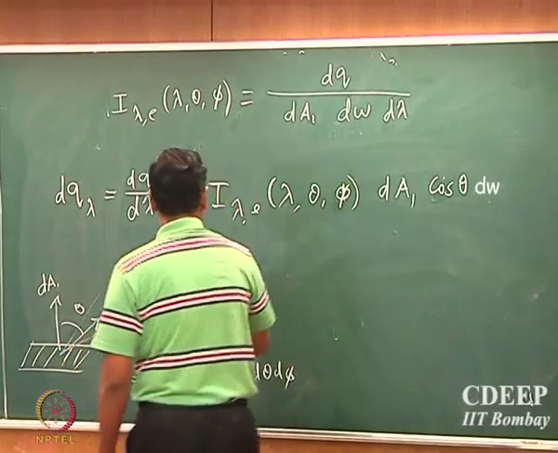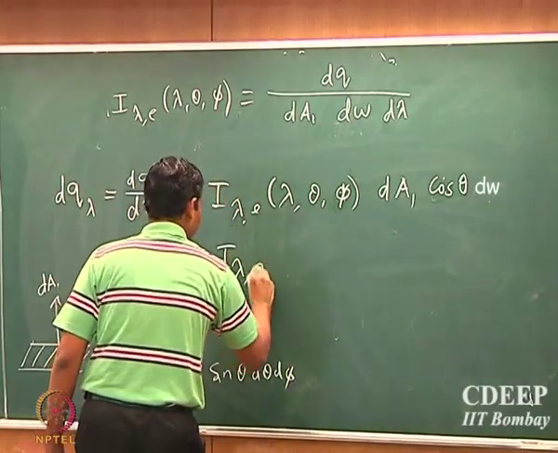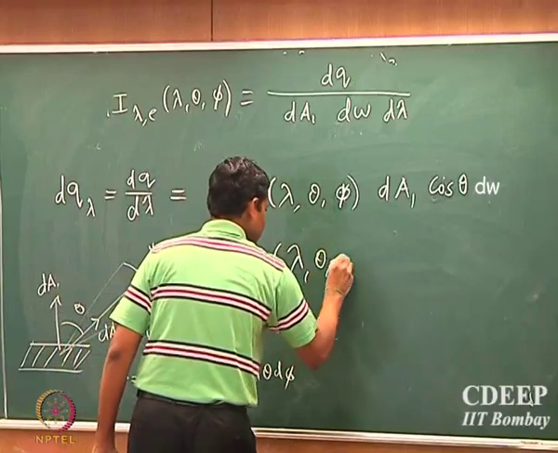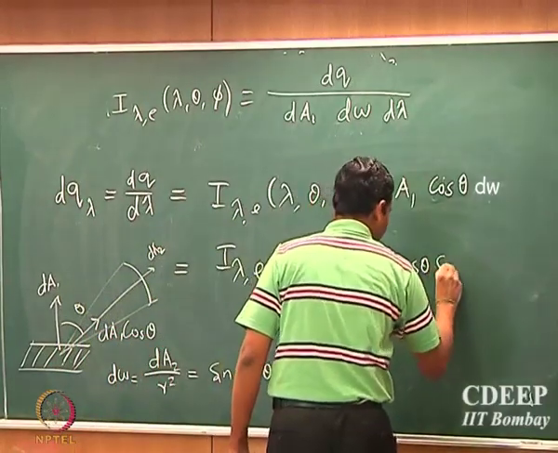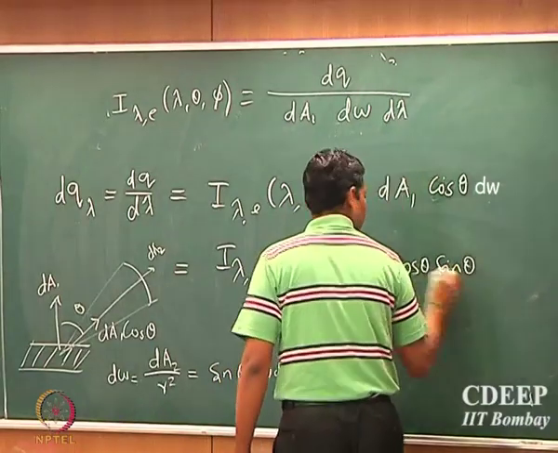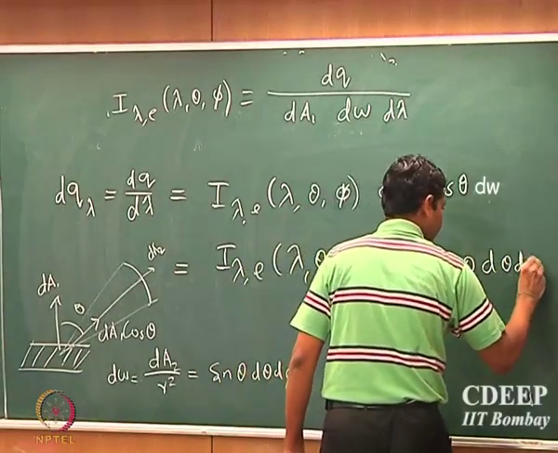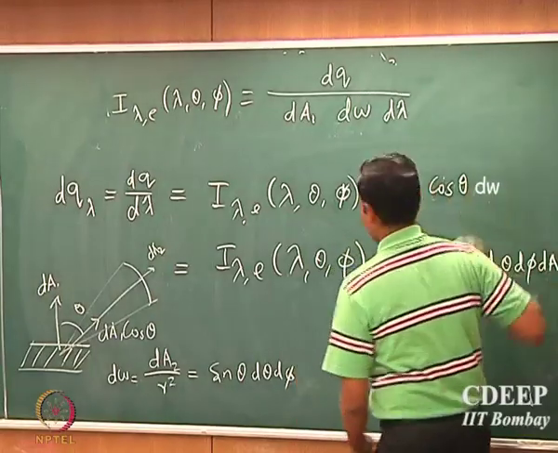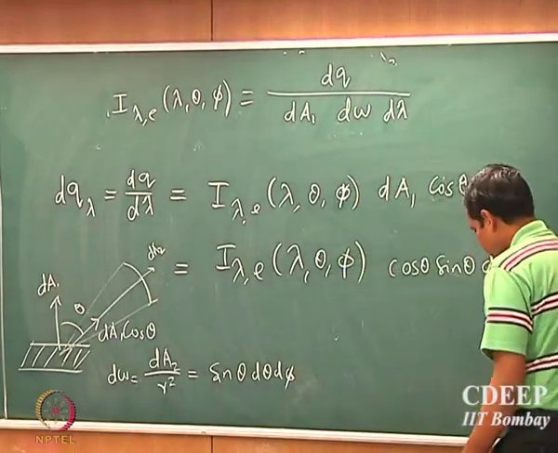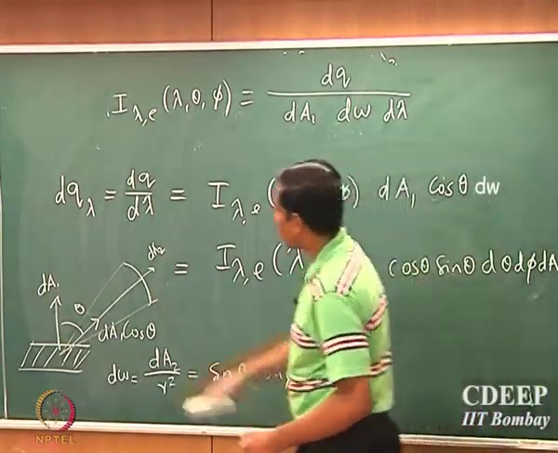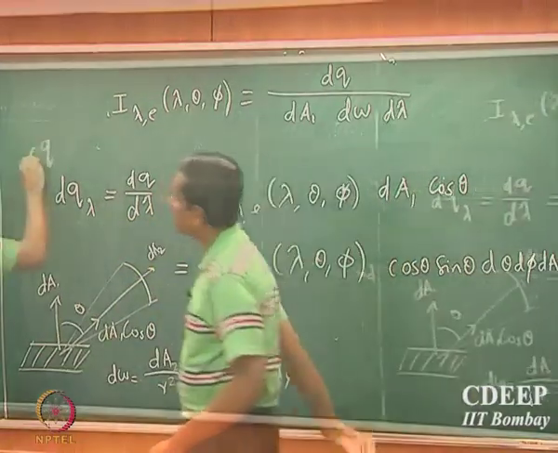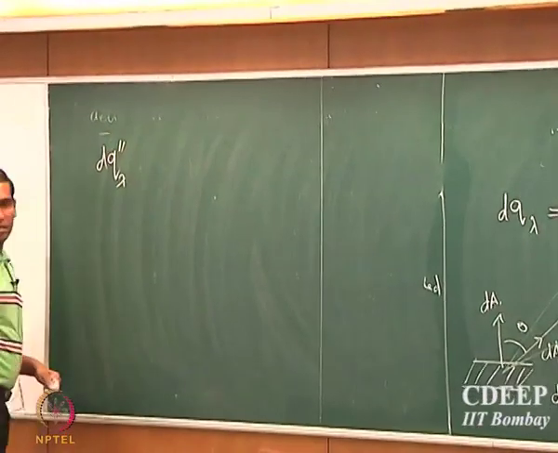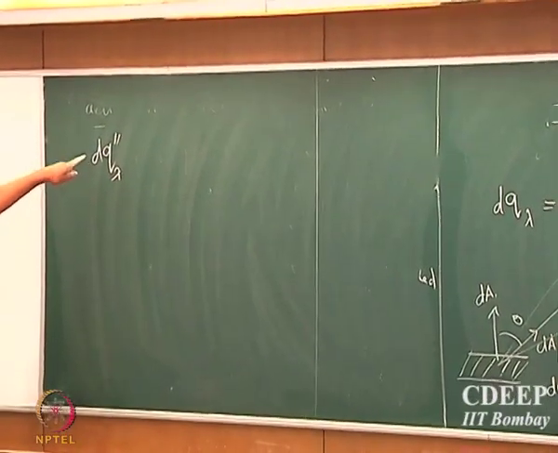So if I put that in, it will be I_lambda,e(lambda, theta, phi) cos theta sin theta d theta d phi dA1. That's the heat transfer rate per unit wavelength. So I can define the flux: note that when I use a double prime, it's flux.